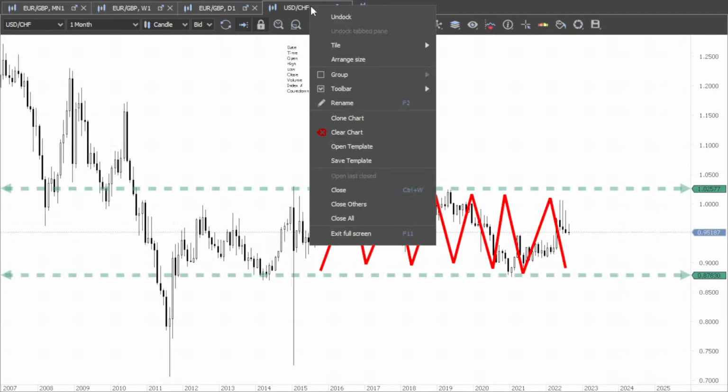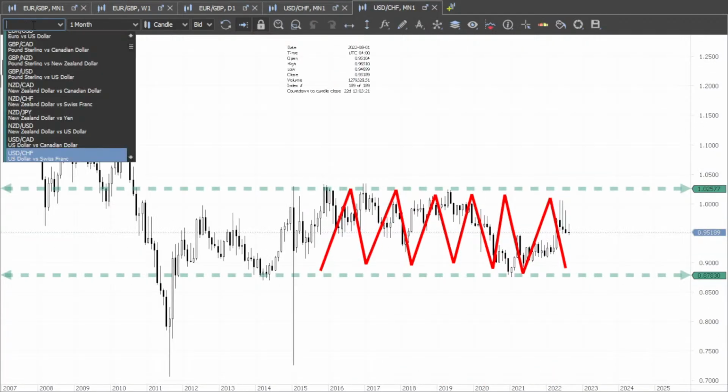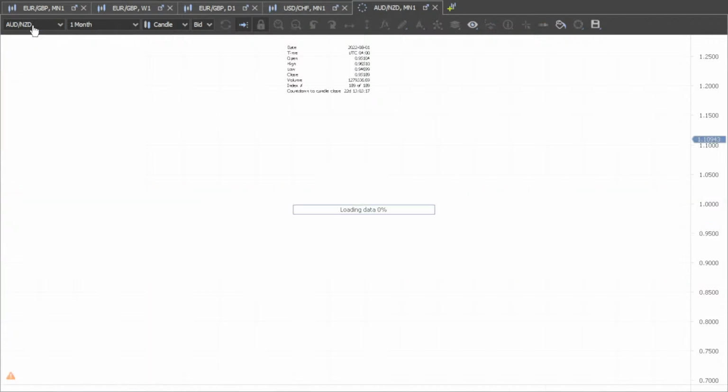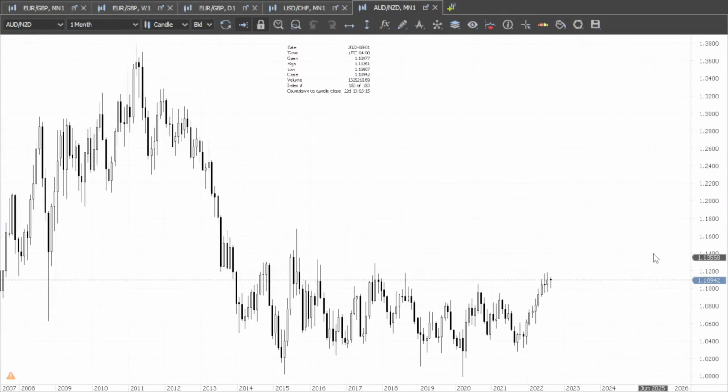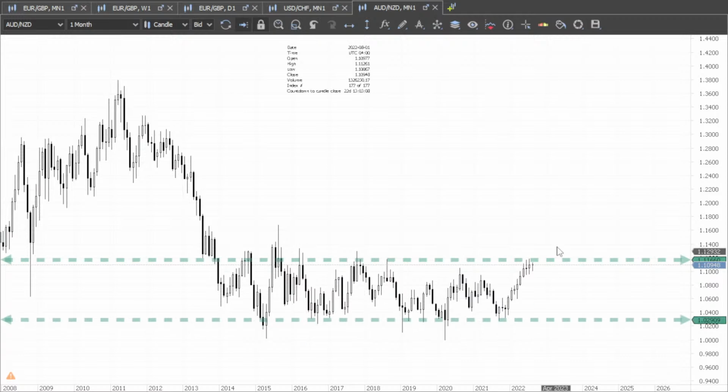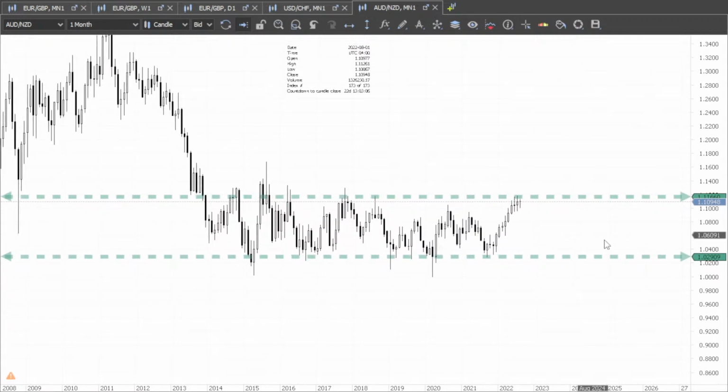Everybody, 2 more. Clone. AUD NZD is in consolidation. There is no right or wrong. These streams are not trading or investment advice, everybody.